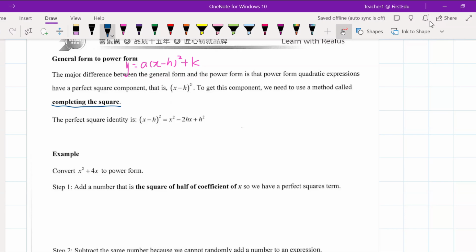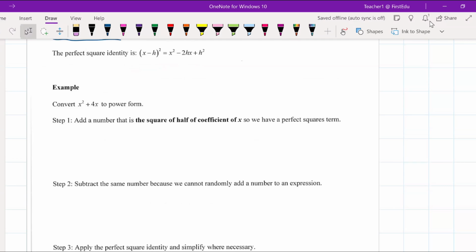So to convert a general form, which is y equals ax squared plus bx plus c, we have to use completing the square. And the steps for completing the square are all summarized here, which is very nice.